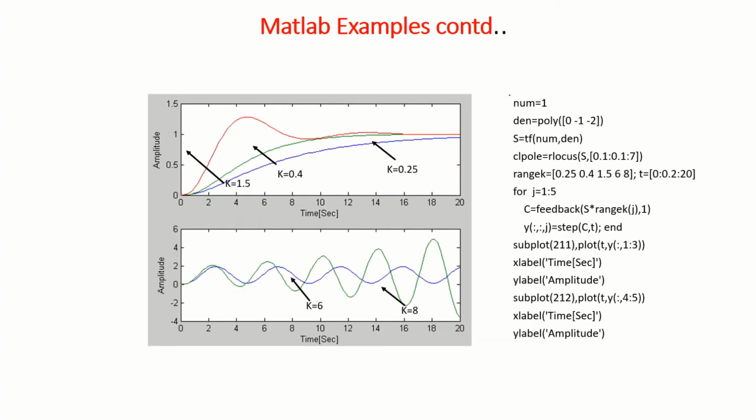For that I have written numerator is 1, denominator is this polynomial, then I have the transfer function, closed loop pole or locus of this.